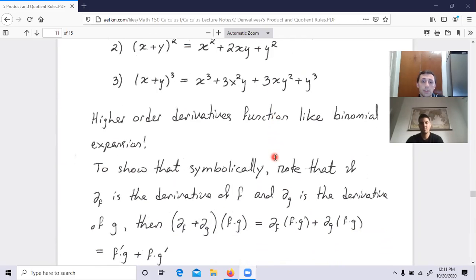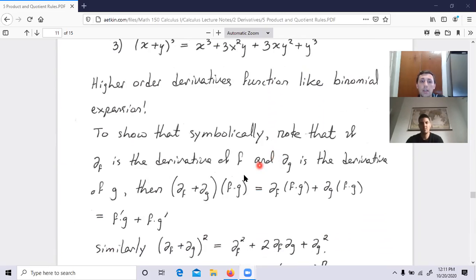To show that symbolically, I'm going to write the derivative of f like this and the derivative of g like this. Then we have the derivative of f plus the derivative of g, applied to f times g. It's just the derivative of f times g plus the derivative of g of this expression. You understand that this is the symbolics, guys?